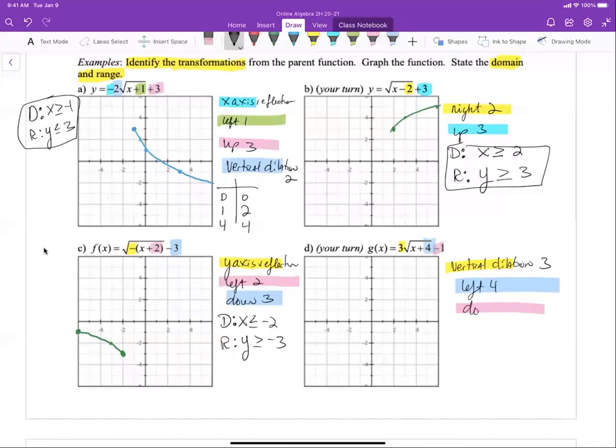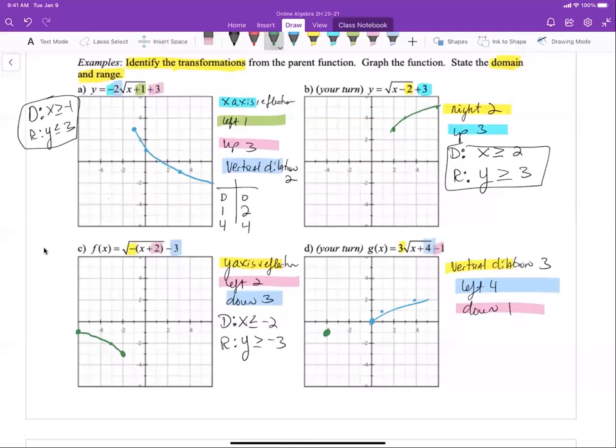We are going to go down 1. Okay, so originally, no reflection. So originally that graph is going to look something like this, right? And now I have to move that special starting point left 4 and down 1. Okay, there's where I start.